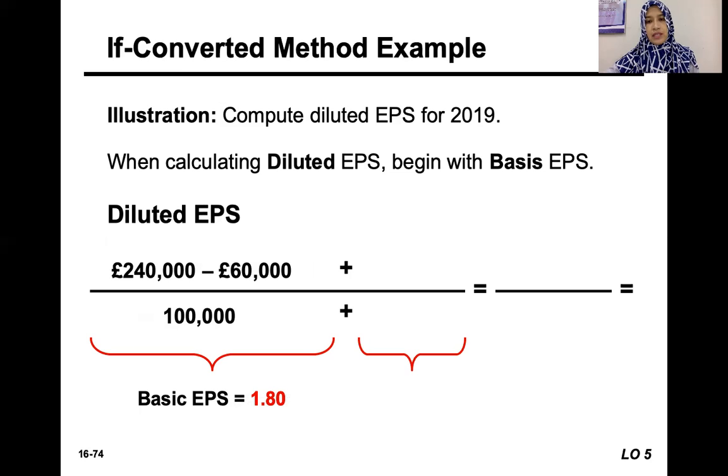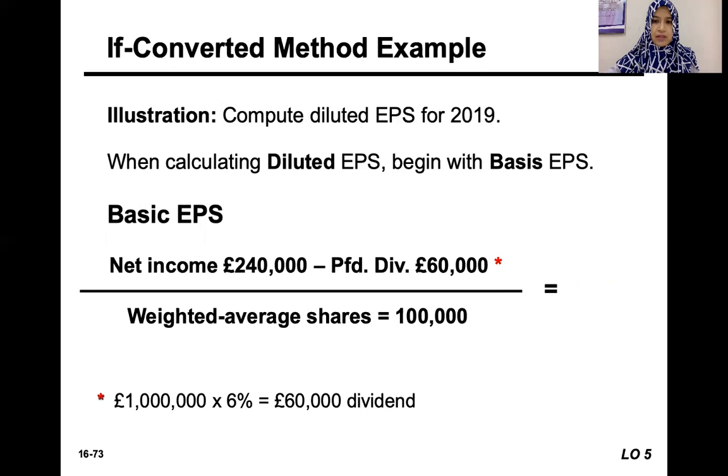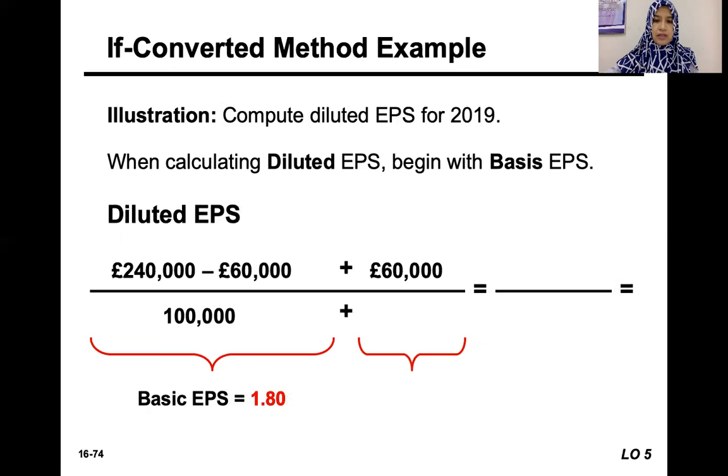When we calculate diluted EPS, we assume that the 60,000 preference dividend no longer needs to be paid because we assume that the preference shares are converted into ordinary shares. So that's why we add it back in this calculation. And then to the weighted average number of shares outstanding, we need to add the number of convertible shares, which is 50,000.